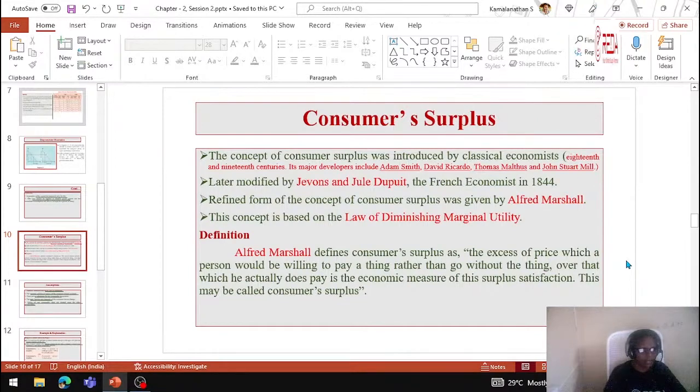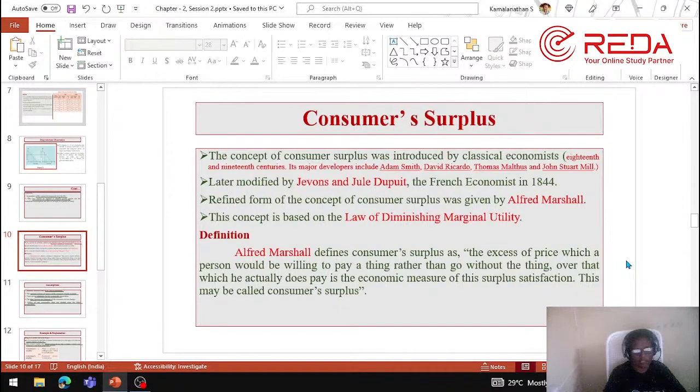Okay, the next one is the definition. Consumer surplus is very important to analyze the behavior of the consumer. By the name itself we can understand that surplus is the excess. So how far the consumer's excess helps us analyze the utility part.